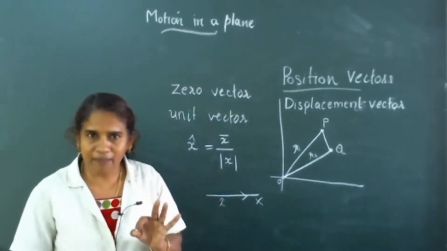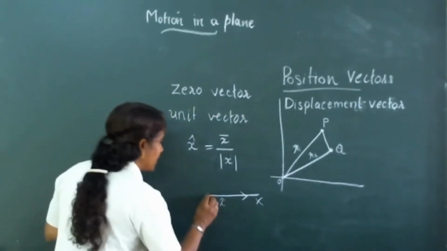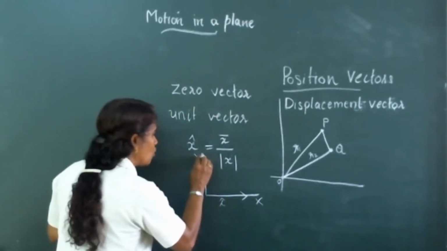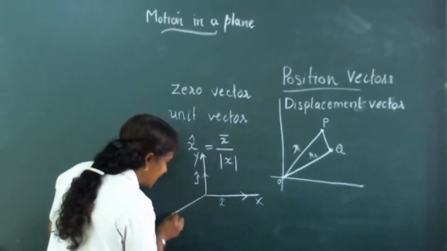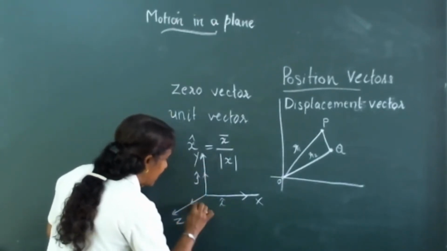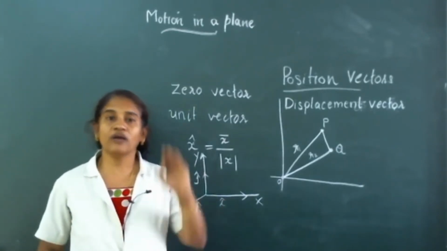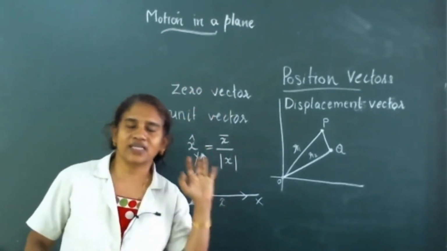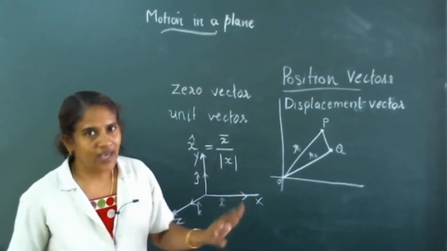So, i cap is the unit vector along the x-axis. Similarly, the unit vector along the y-axis is j and along the z-axis is k. So, i, j, k are unit vectors along the x, y and z axes, standardized, right?